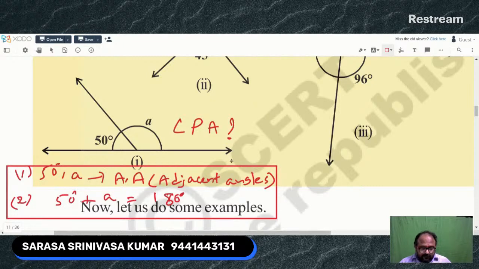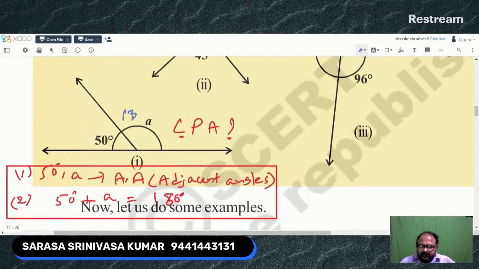If the sum of these two angles is equal to 180 degrees, then what is the angle A? So A equal to 180 degrees minus 50 degrees, that is 130 degrees. This is what you should observe.